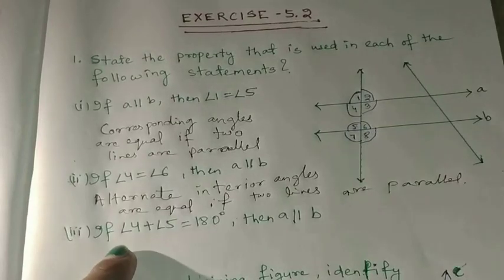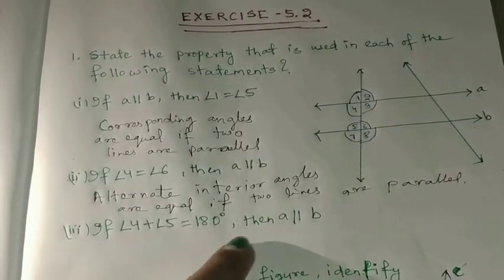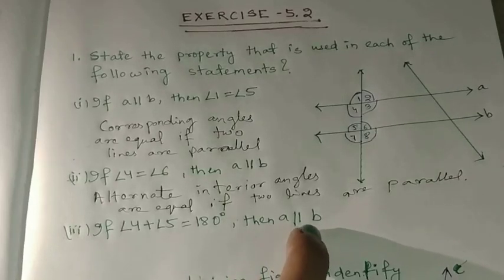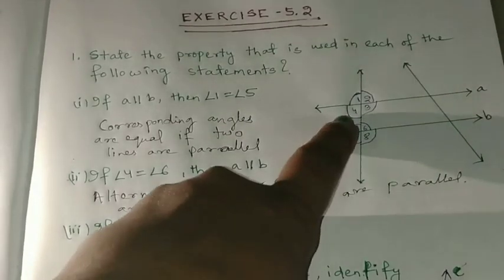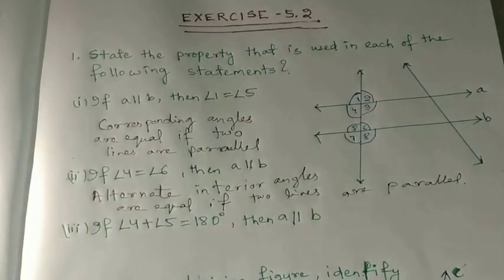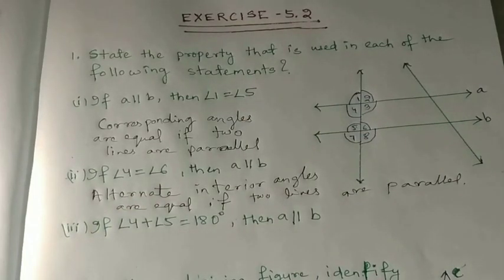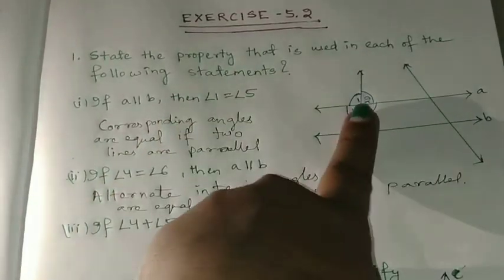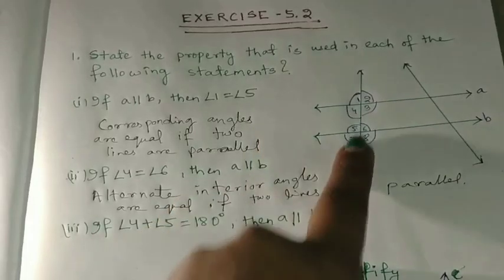Third part: if angle 4 plus angle 5 equals 180 degrees, then A is parallel to B. Let's see angles 4 and 5. Angles 4 and 5 are a pair of interior angles on the same side of the transversal.